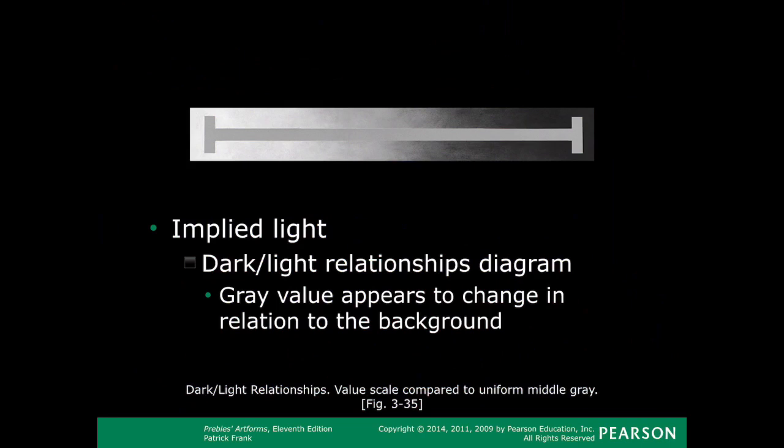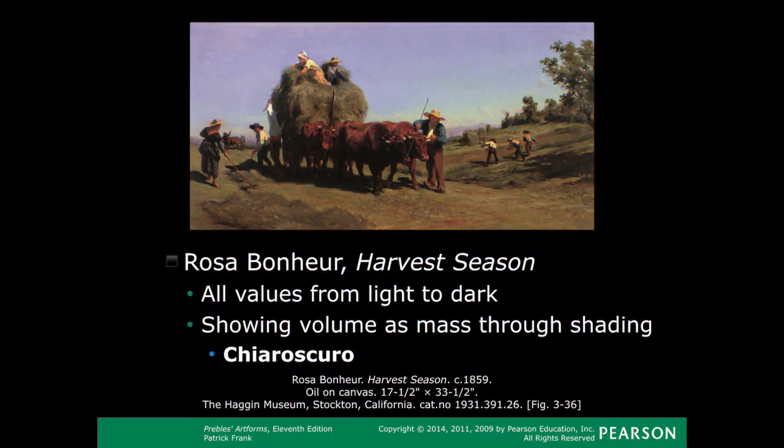So the middle gray looks a lot darker when it's above a light area, and it looks very light when you look at that gray with a very dark area underneath it.